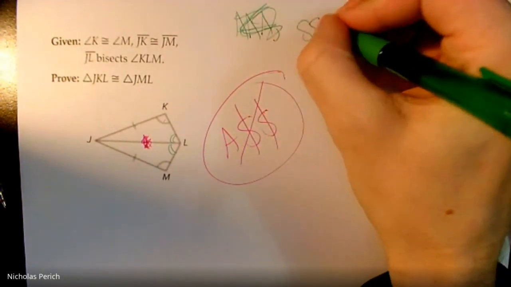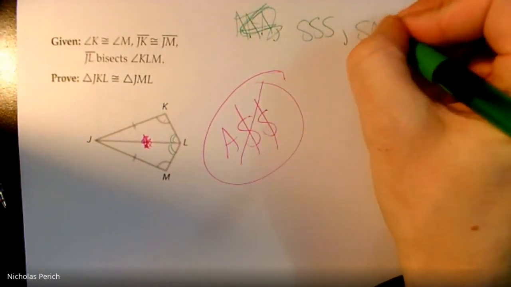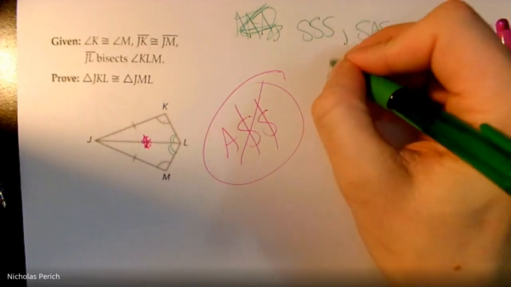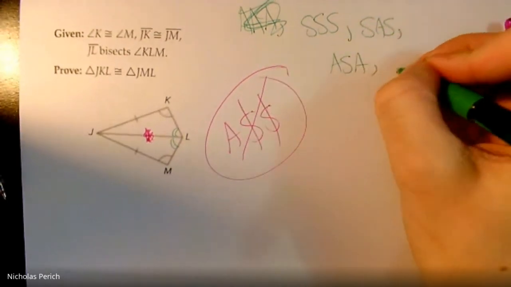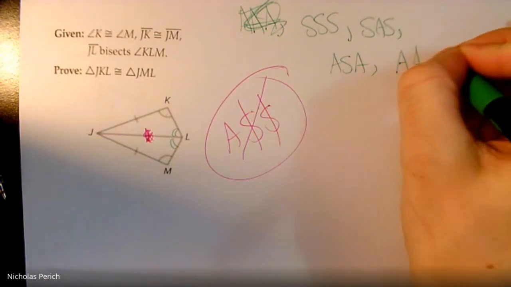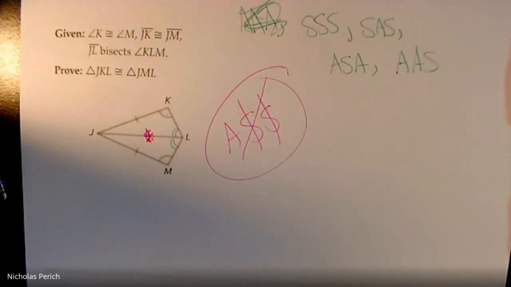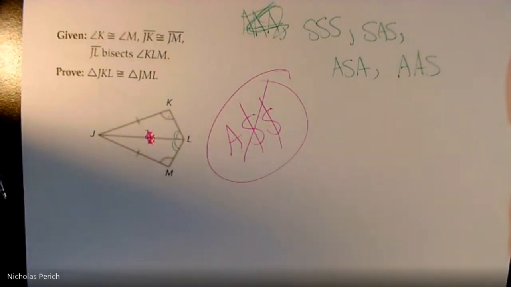Which one of the four properties could we use to show that these guys are congruent? Side, angle, and an angle. Which one of these would be our proof?